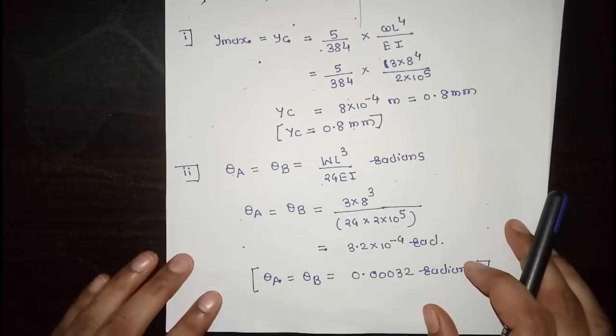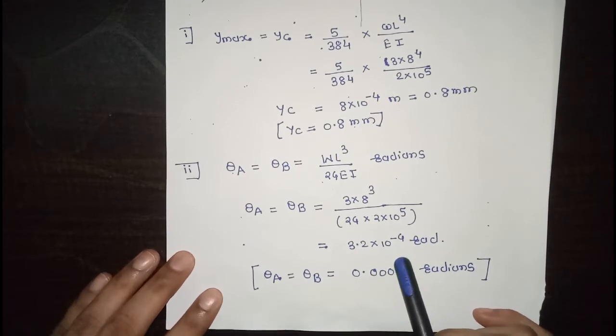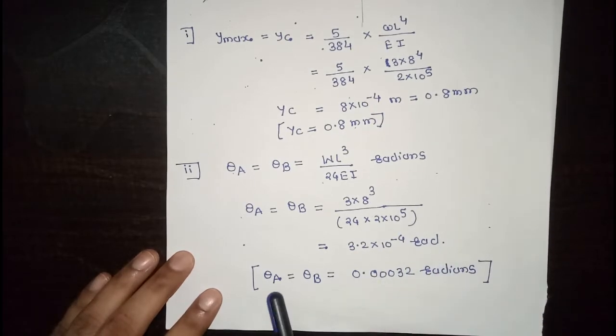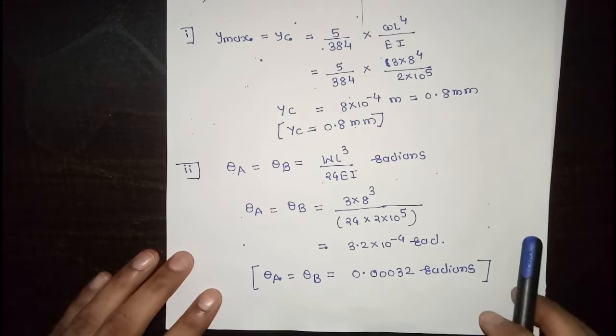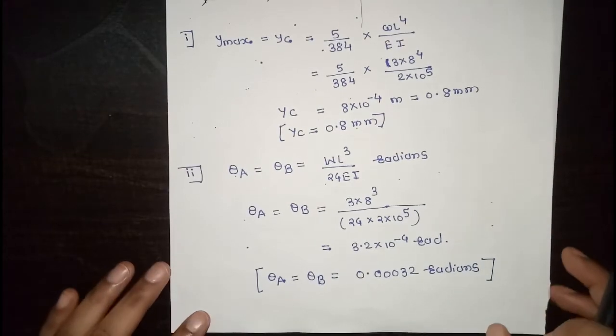Then we get 3.2 into 10 to the power minus 4 radian. Theta A is equal to theta B is equal to 0.00032 radians. Okay, so this is the second example.